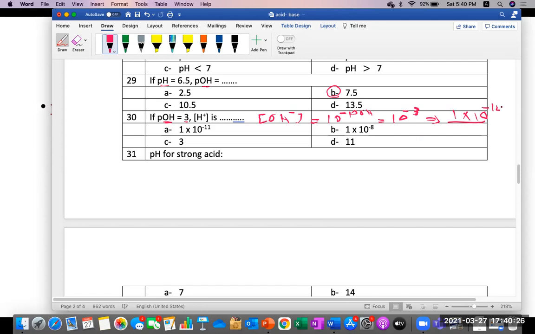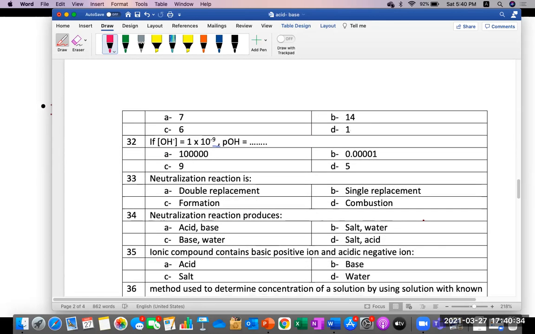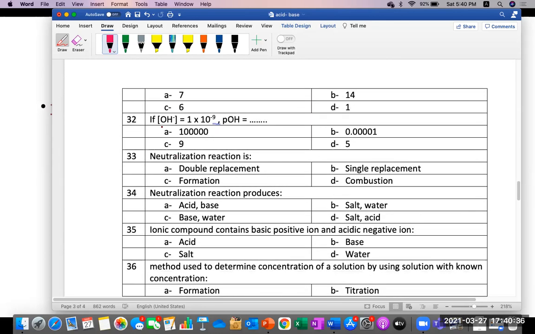So it will be 10 to the -14 over 10 to the negative 3, so it will be 10 to the negative 11. If the concentration of the hydroxide is equal to 1 times 10 to the negative 9, what is the pOH? We need to take the minus log for this one, so it will be 9.